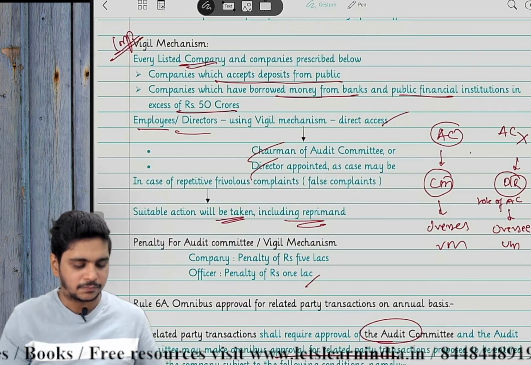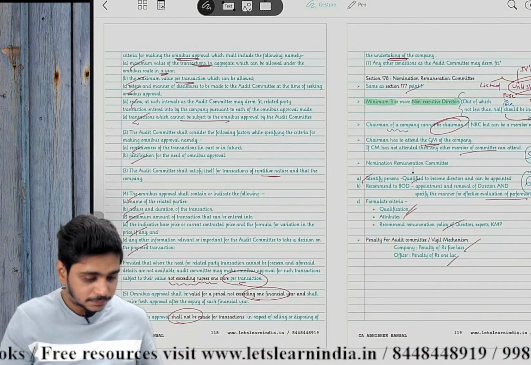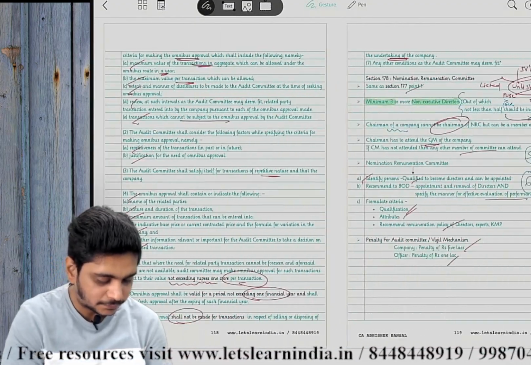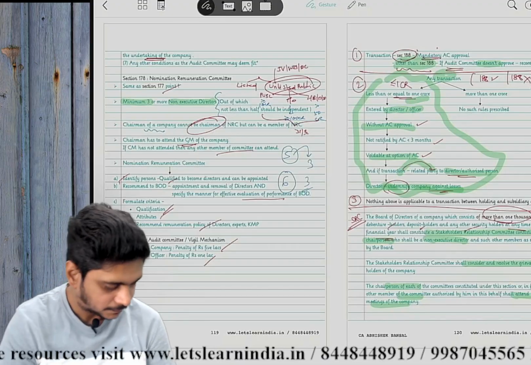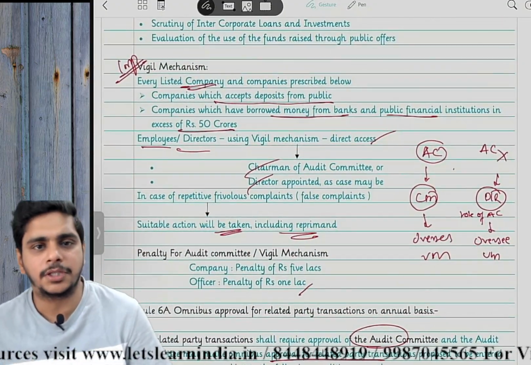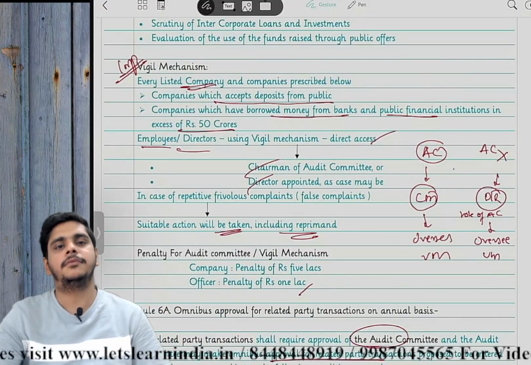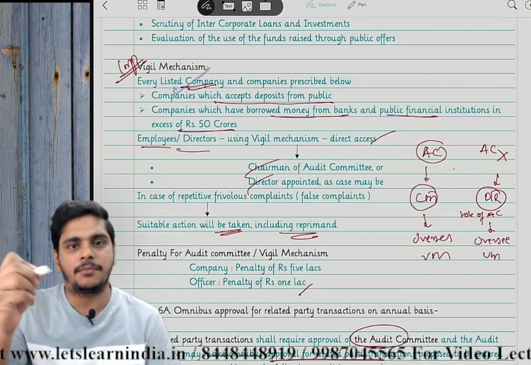Vigil mechanism. Now, vigil mechanism, you can mark that as important. Every listed company and company which is prescribed below.